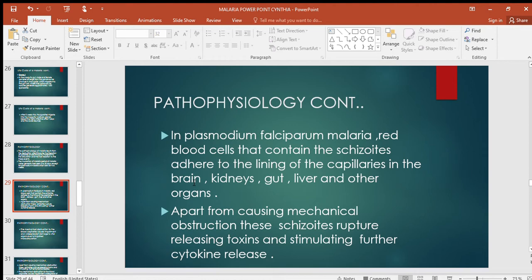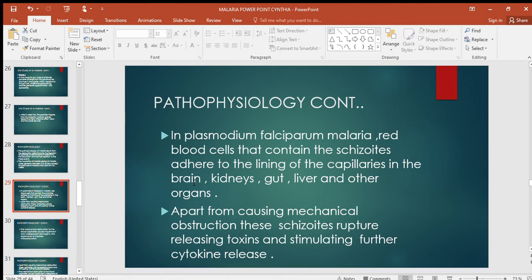So now let's continue with the pathophysiology. In Plasmodium falciparum malaria, red blood cells that contain the schizonts adhere to the lining of the capillaries in the brain, the kidneys, the gut, that's the GIT, the liver, and other organs. What this point is saying is that those blood cells which contain the schizonts, these are the parasites, will be heavy because the parasites have invaded them.